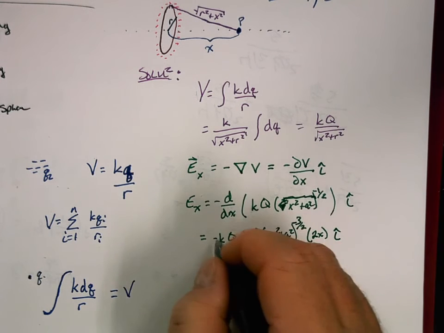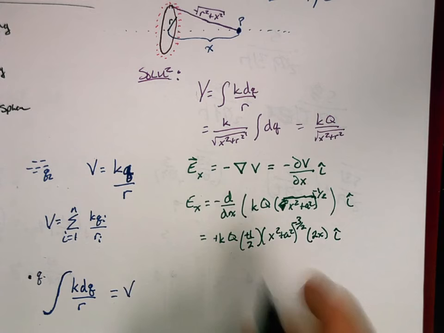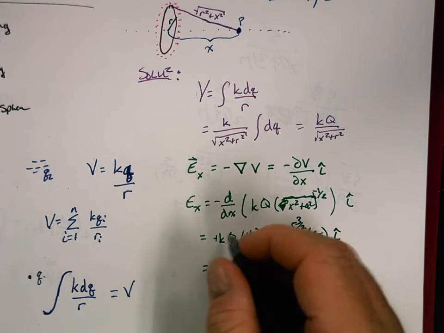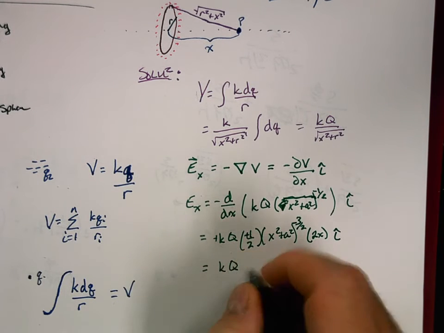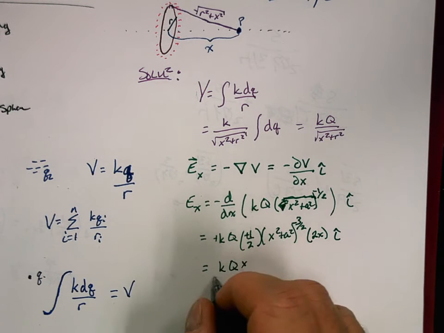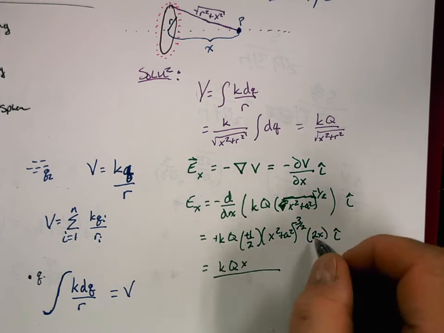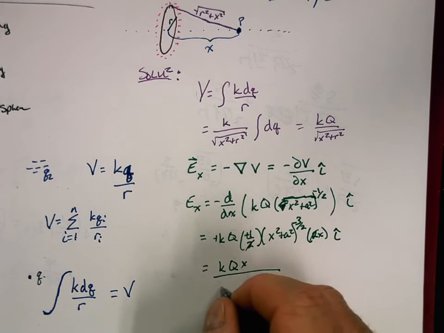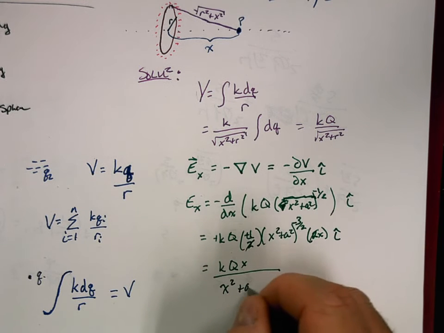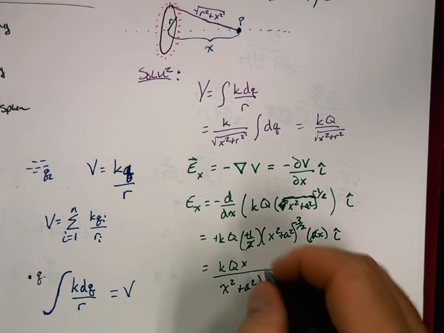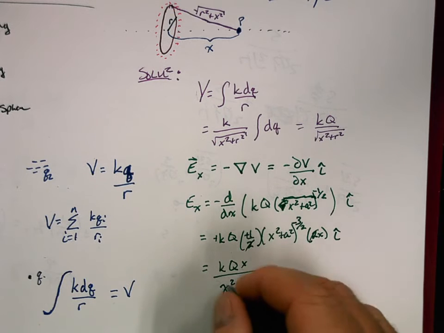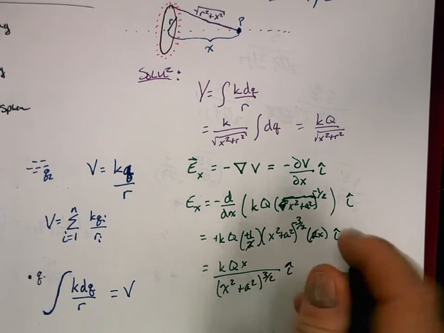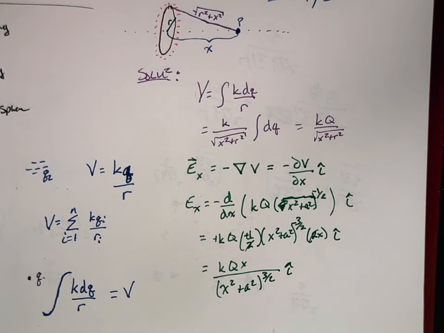That negative cancels with that negative, and the 2 cancels with that 2, and we are left with kqx over x squared plus a squared to the 3/2, i hat. And that would be the field at that point.